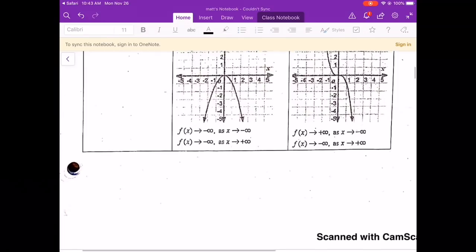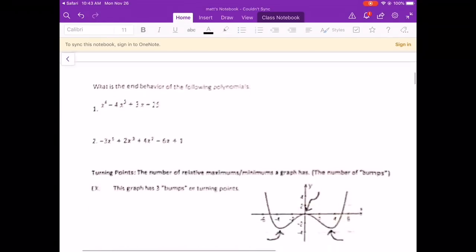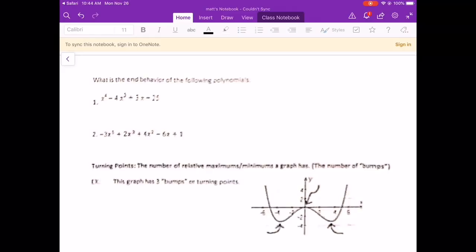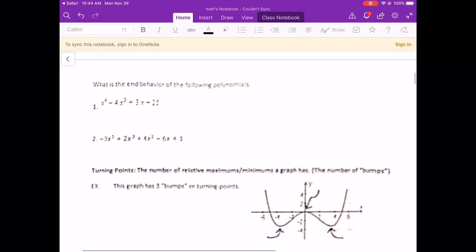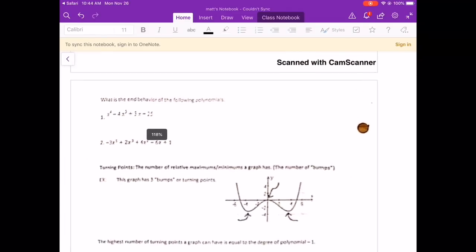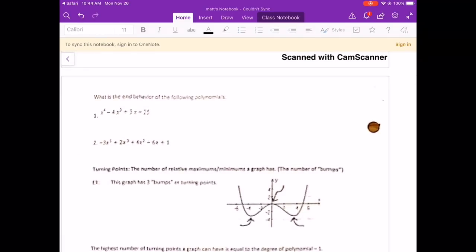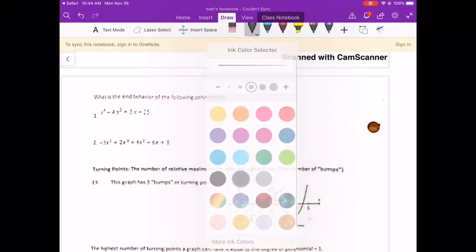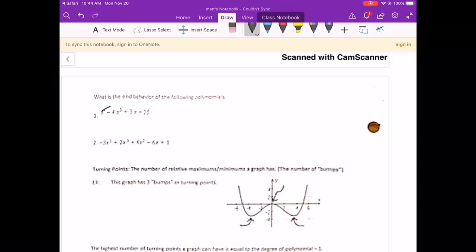All right. So when you take a look at these first couple of examples, what you should be able to pick up from here is what the end behavior should be. What we need you to be able to do is pick up what's important, which is the degree of the polynomial, which will come from the highest power, and in this case it's 4, and then what the leading coefficient is, which is the number in front.